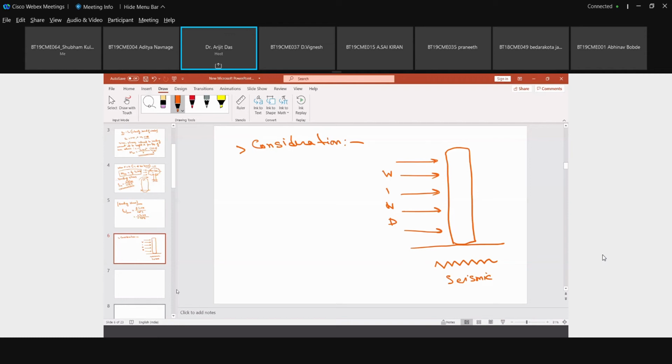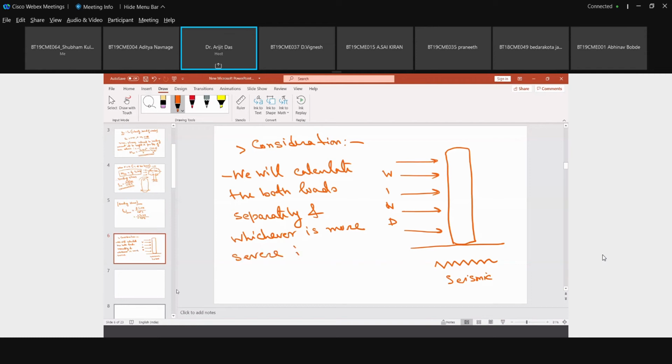So that is why we will calculate both loads separately, and whichever is more severe is used to calculate the maximum resulting stress.